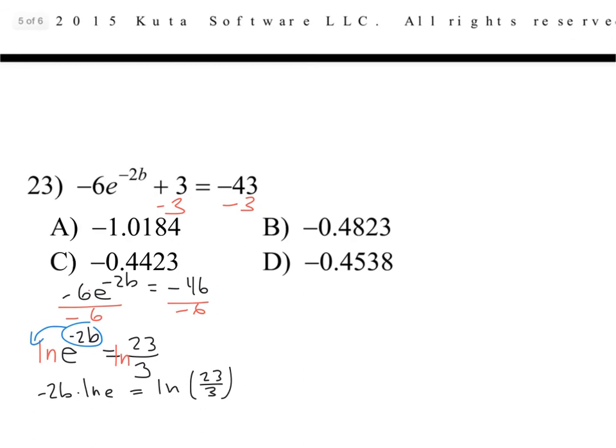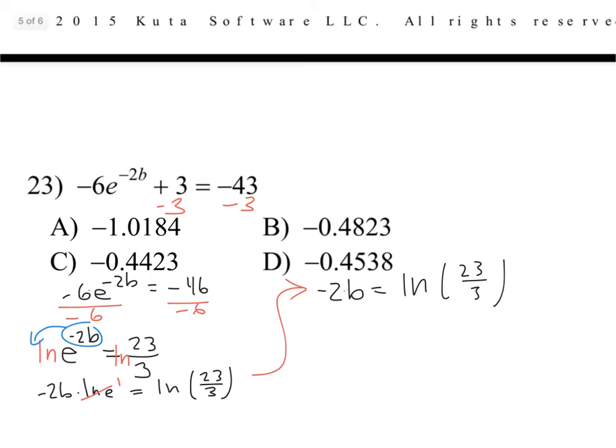Now just remember that natural log of e is just 1, since they have the same base. And then I'm going to rewrite this here. I've got negative 2b equals ln of 23 thirds.